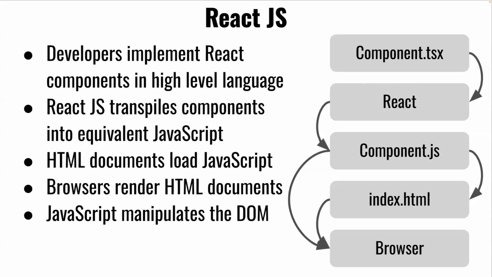But browsers only understand a less sophisticated version of JavaScript. It is converted into a version of JavaScript that is understood by most browsers, right? And so it's very verbose. It doesn't have any of the great features that you would find in TypeScript.